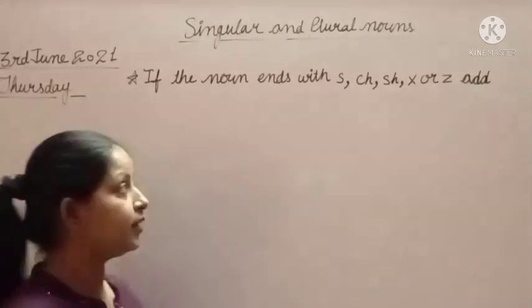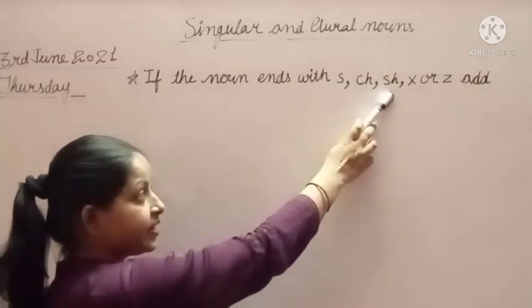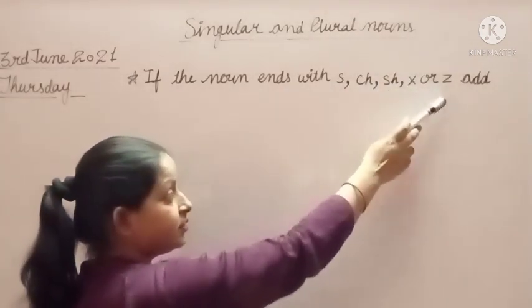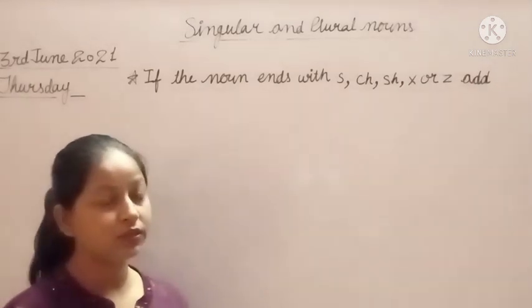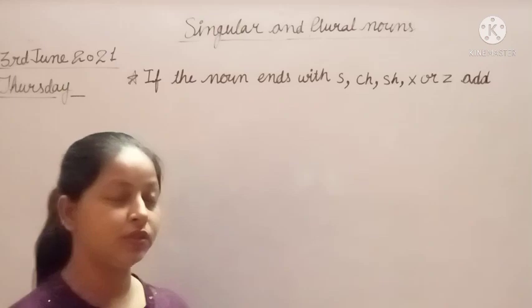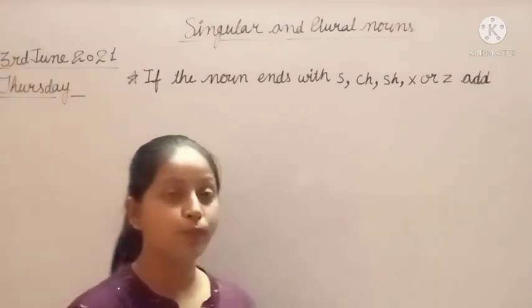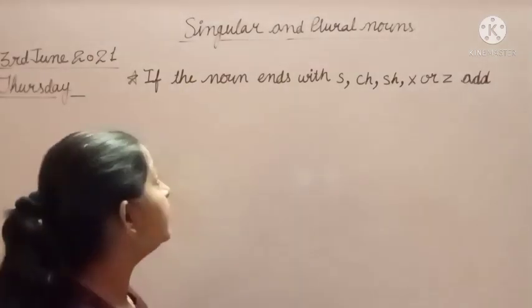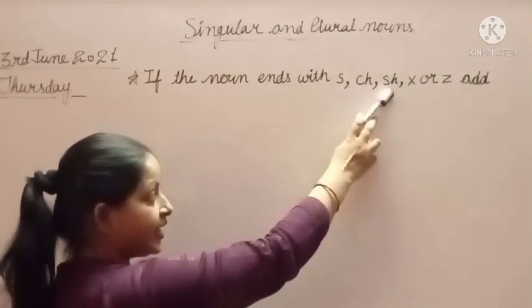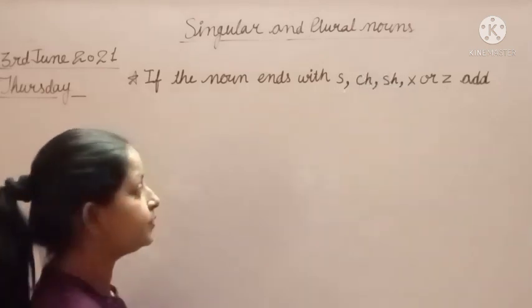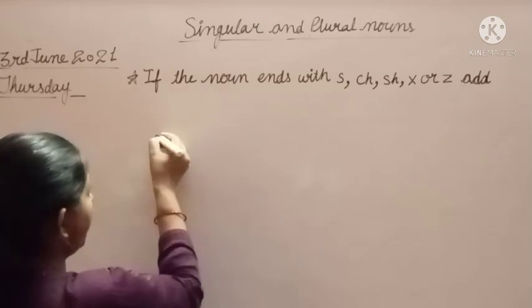If you have any noun that ends with S, CH, SH, X or Z, then what will you do to make plural? Here a question arises: what will you do to make plural if the noun ends with S, CH, SH or X, like box?